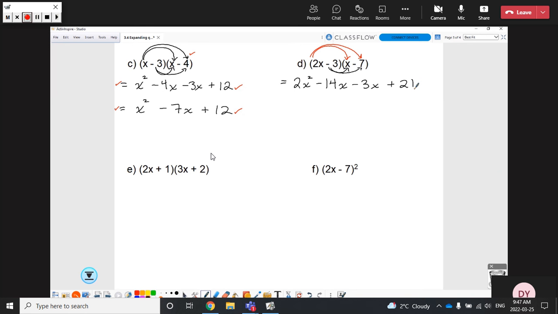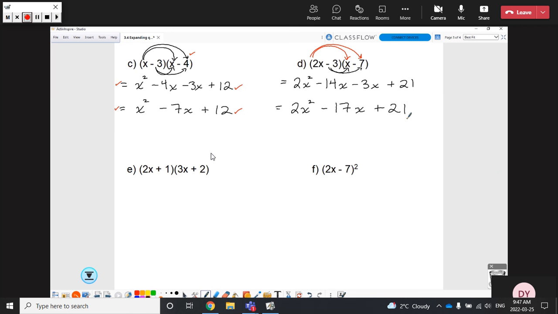That's the only thing about this, that when there are minuses in the brackets, we have to be extra careful. We get 2x squared minus 17x plus 21. Folks, any questions so far? Are you checking them as you go? They look good?